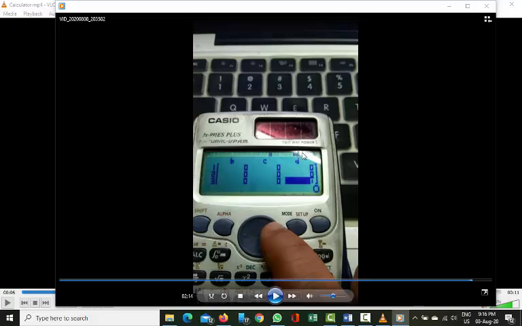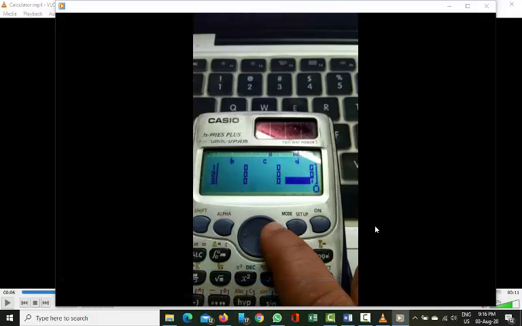After you input all the values, press equal. You will get the value of x, and after you get the value of x, press equal again, you will get the value of y. After you get the value of y, press equal again, you will get the value of z.